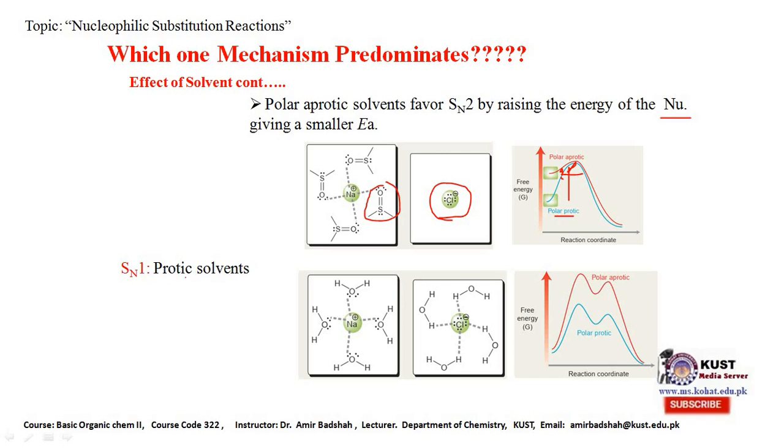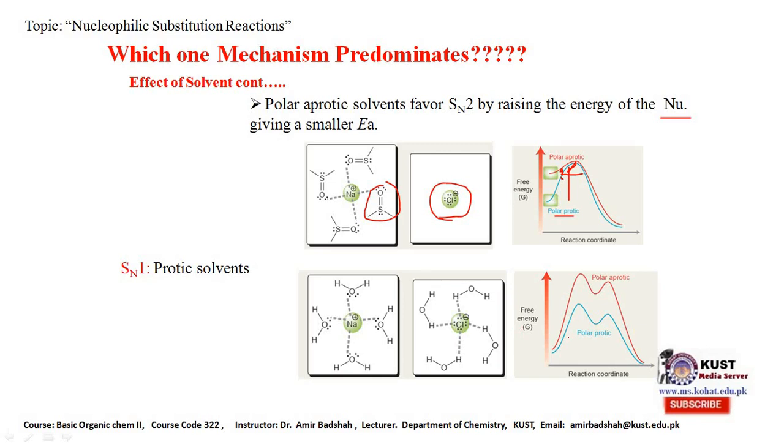But if we use a protic solvent, then it will favor the SN1 mechanism. Why is it so? Because if we use a polar aprotic solvent, the chloride ion is not stabilized, but if we use a polar protic solvent, the chloride ion is stabilized here.